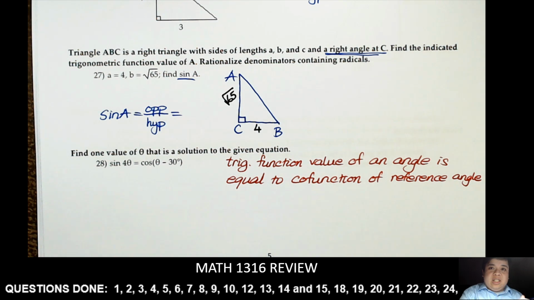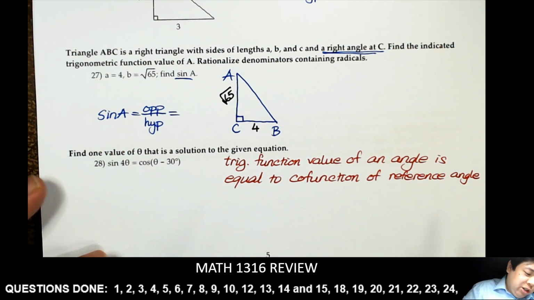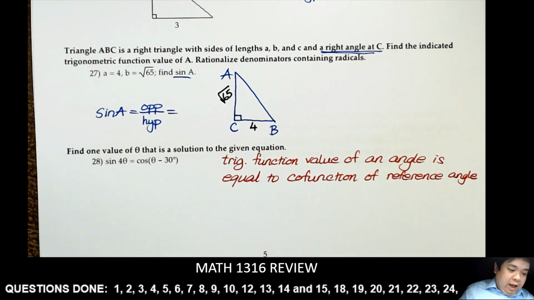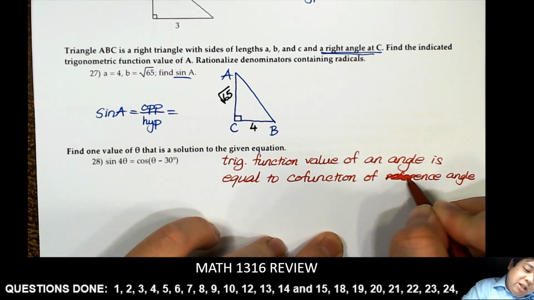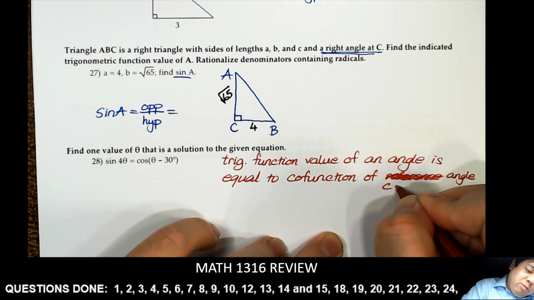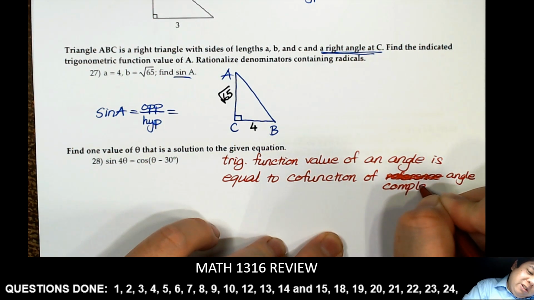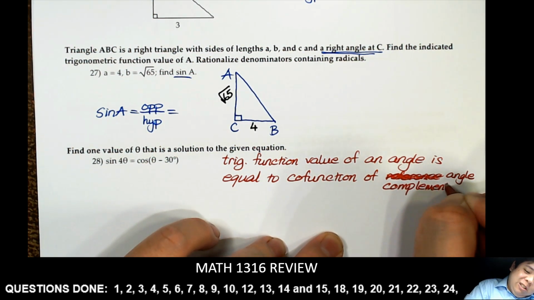So remember, sine, cosine, that's why they are called the cofunction. I'm sorry, I don't know why I put the reference angle there, which is not the case. I should put complementary angle. Sorry.